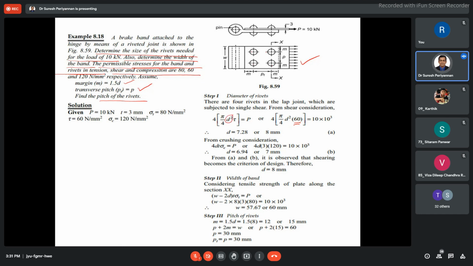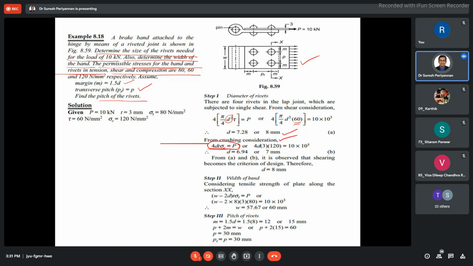Second case, the diameter is 8 mm. Now I am considering crushing due to compressive stress. The compressive stress is given as 120 Newton per mm squared. This is nothing but our crushing.